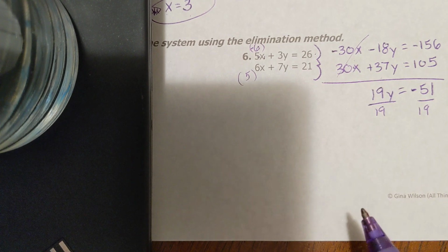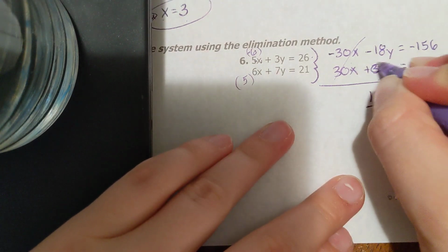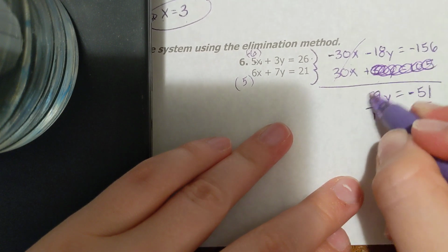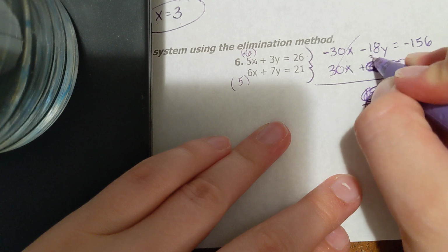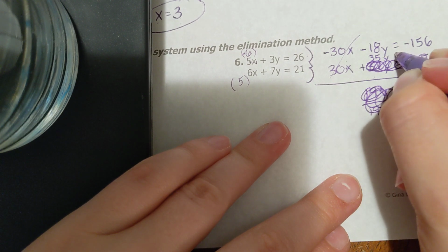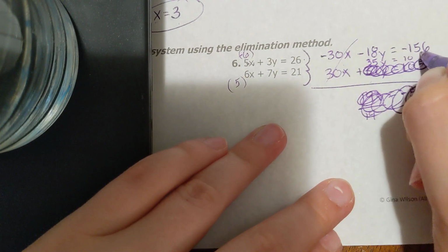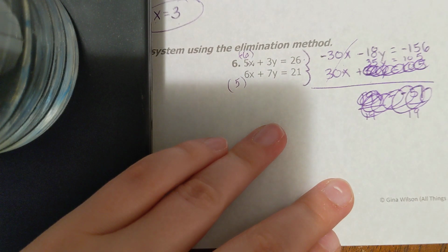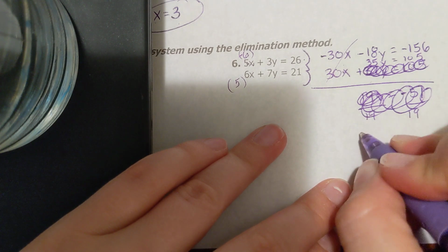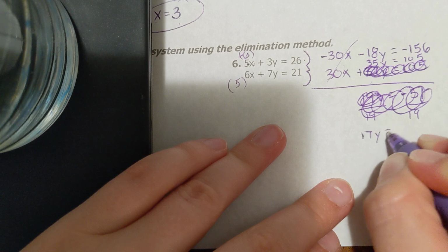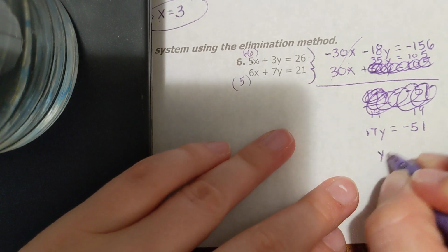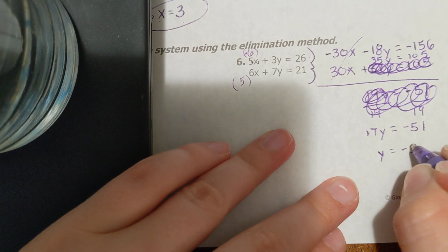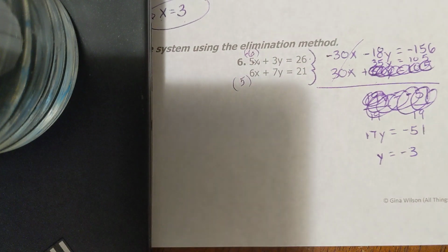Oh, that's not 37, is it? That's 35. Sorry, that's where my mistake was. So that should have been 35y. And that's still 105. Okay. 17y. Okay, so then y is -3. Sorry about that, got a little mistake there.